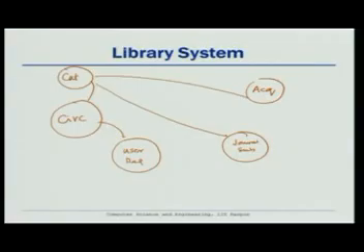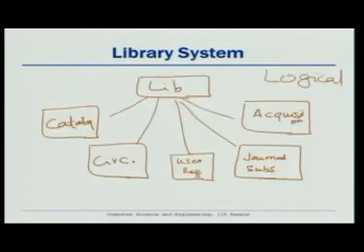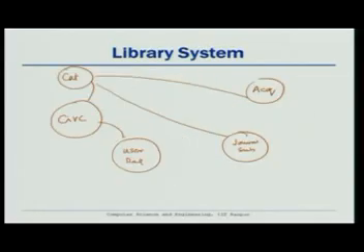So what I would have is, let me change the color of this pen, I would have the catalog module sitting on one machine, the circulation sitting on one machine, and possibly these three subsystems sitting on a different machine.